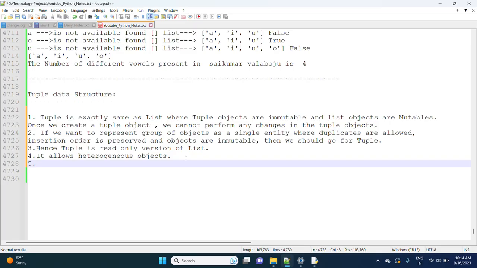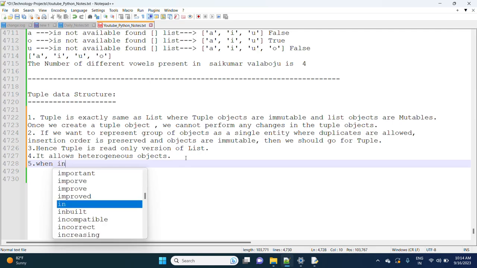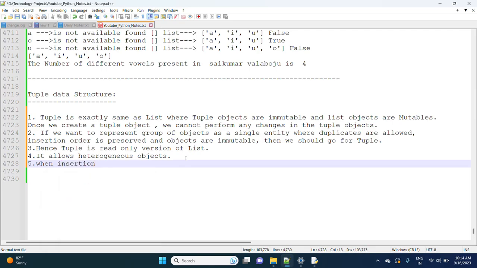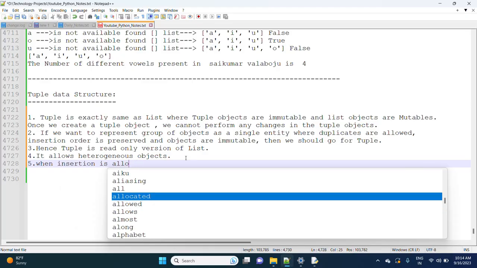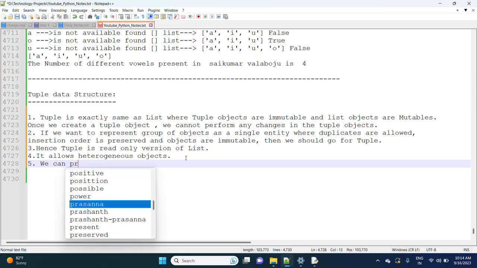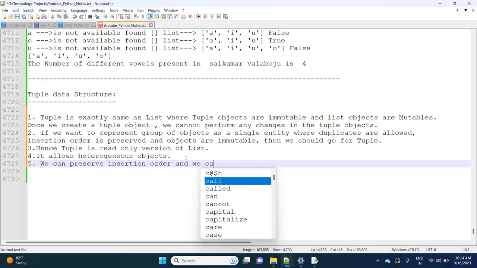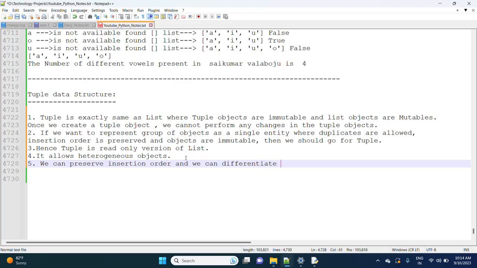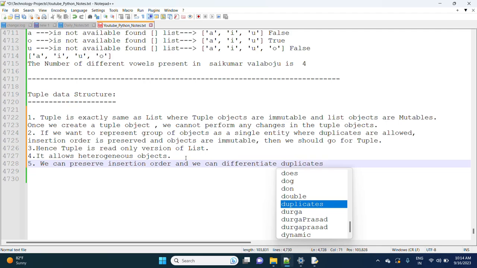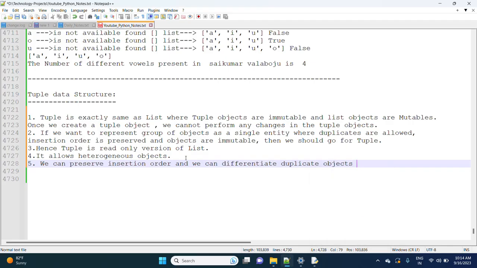Next, tuple allows insertion order, so we can preserve insertion order and we can differentiate duplicate objects by using index.